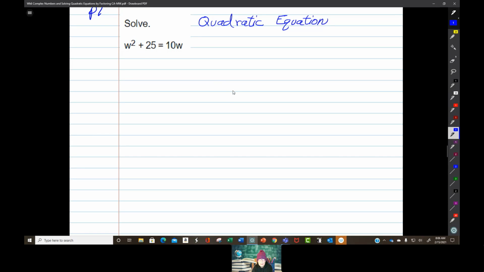Now, one of the most important things we have to do when we solve higher order equations, that is, the highest power is above 1, is use the principle of zeros.